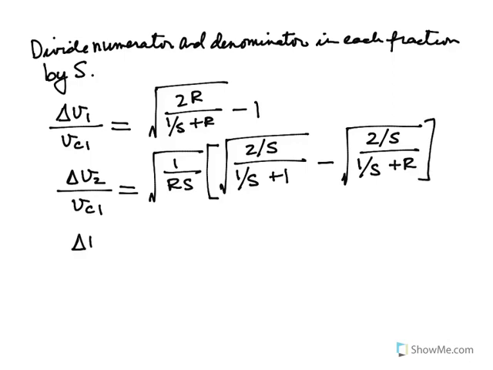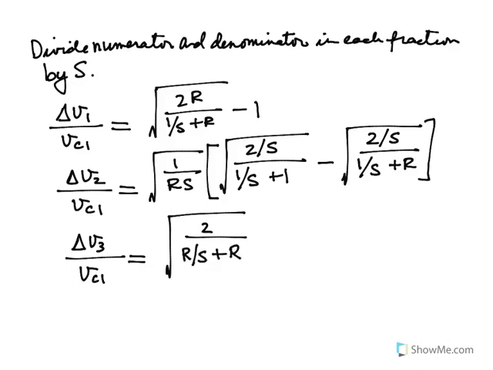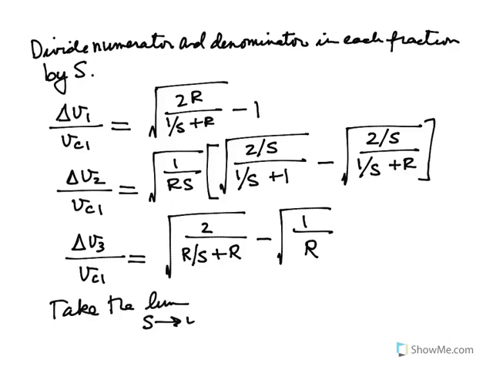And then delta V3 divided by VC1 is going to equal the square root of 2 all divided by r over s plus r, minus the square root of 1 over r. Now, take the limit as s approaches infinity of delta Vi over VC1 for i equals 1, 2, and 3. We're going to do it for all three delta V's.